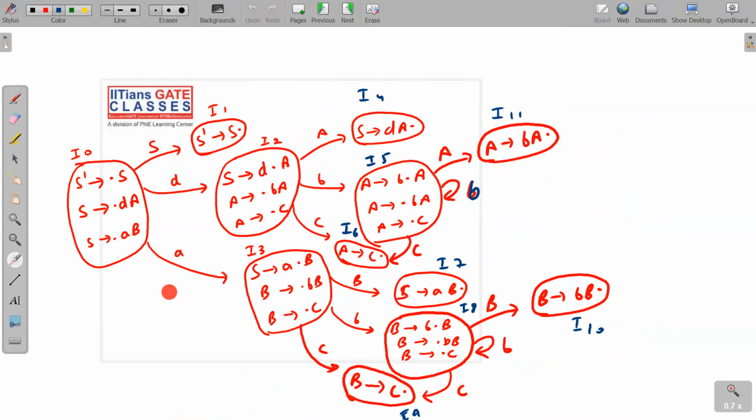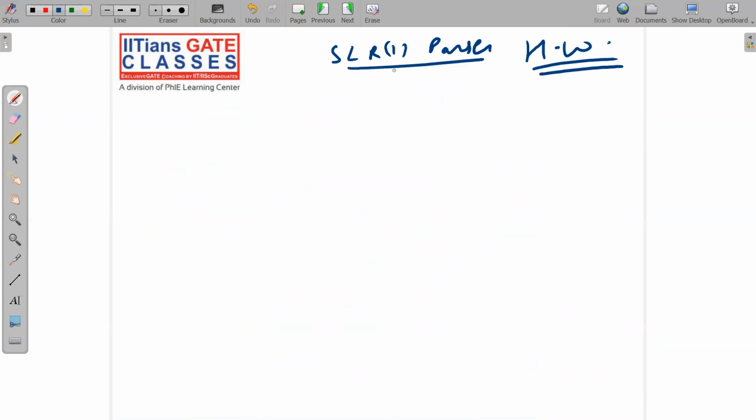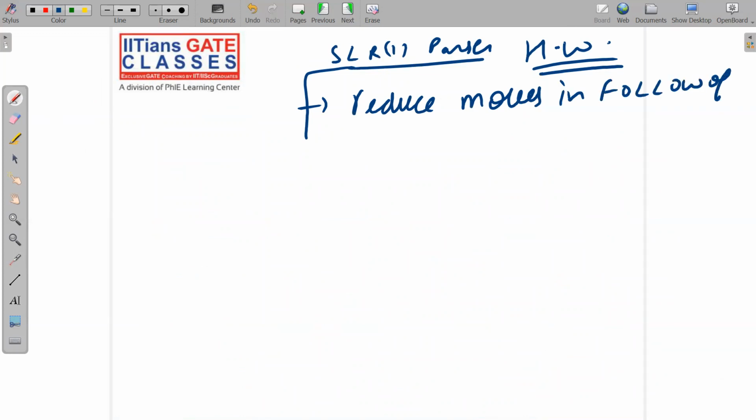So I think now everything is crystal clear to everybody. For the SLR1 parser, I am giving you homework: construct the table yourself. The only thing is, reduce moves go in the follow of the LHS.